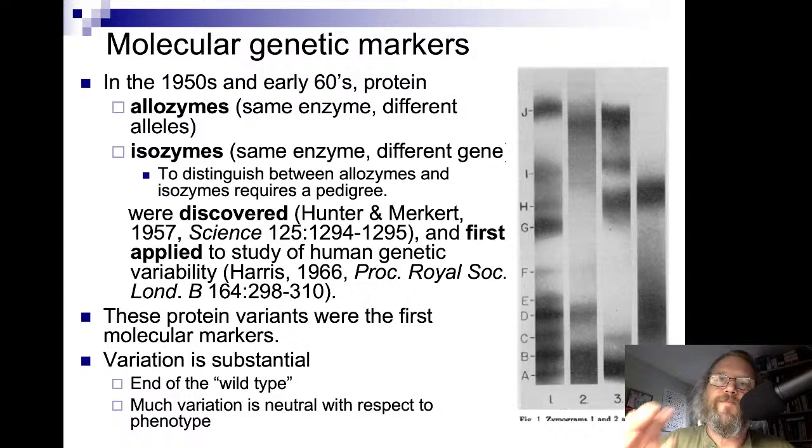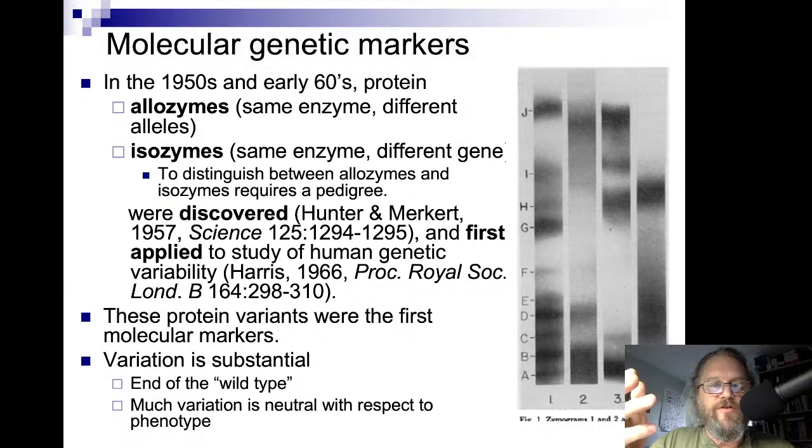But coded for by different alleles, so the protein will have a difference of an amino acid or two, right? And so allozymes are the same enzyme but different alleles, okay? And then another way to think about this is that you have the same enzyme but it's coded for by different genes. And so allozymes, same enzyme, same gene but different alleles, and isozyme, same enzyme but different genes.